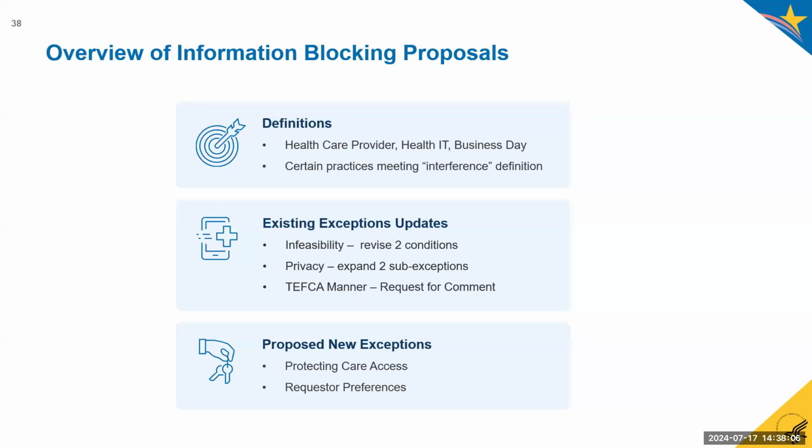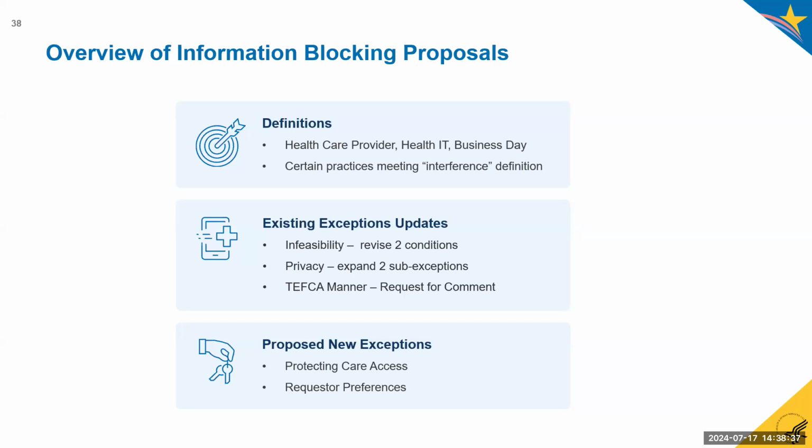Thanks so much, Beth. Just a quick overview to start. In the information blocking section of the HTI-2 proposed rule, we propose to update some of the definitions associated with those regulations, proposed to update 2 of the exceptions and requested comment on a 3rd, and we also propose 2 new exceptions. I'll cover those 2 new exceptions in a little more detail, but please check the proposed rule to read how we propose to update those defined terms.